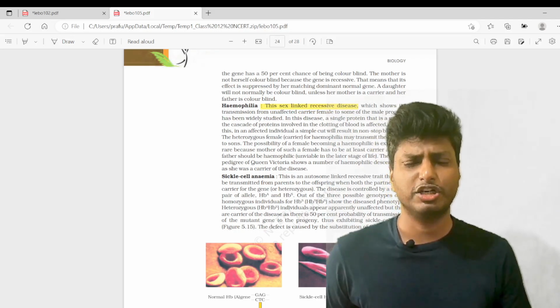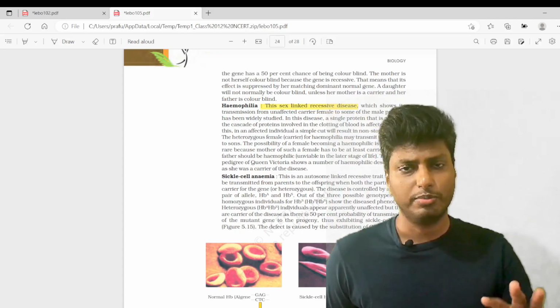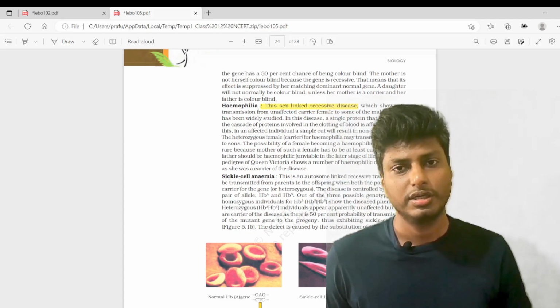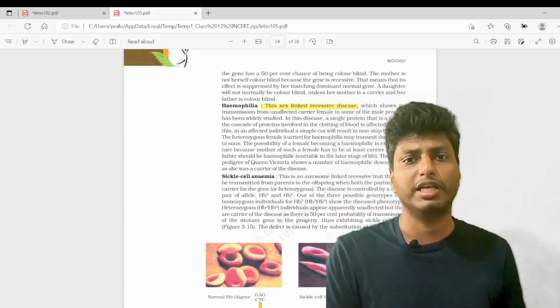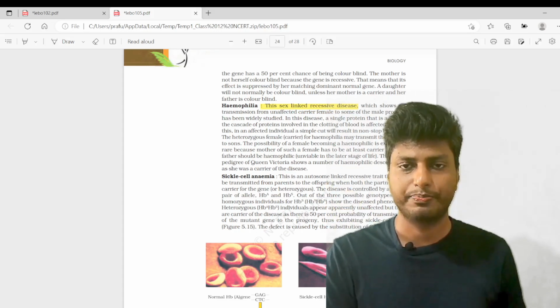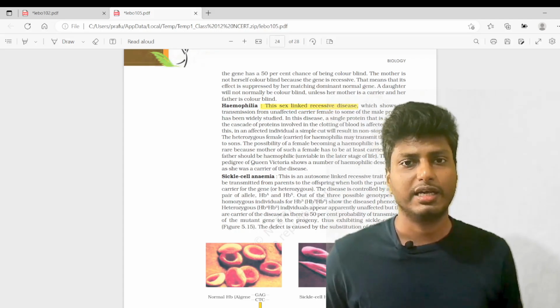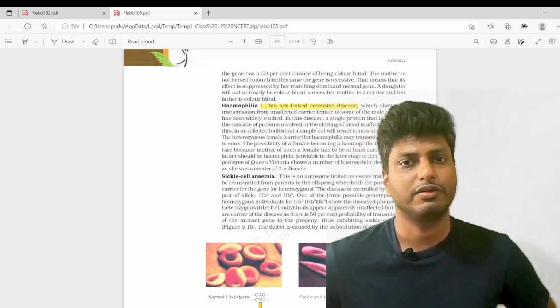Whereas the 50% of the daughters who get the X-linked recessive gene from the mother will not suffer from hemophilia because they get the normal X chromosome from the father also. So that's the reason why more males will suffer from hemophilia.